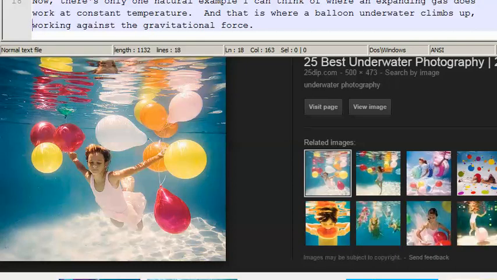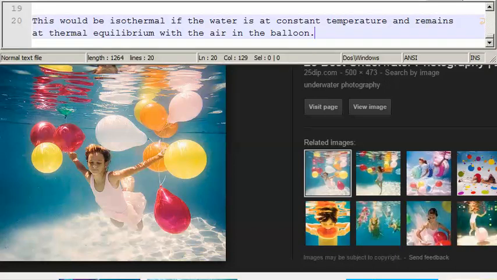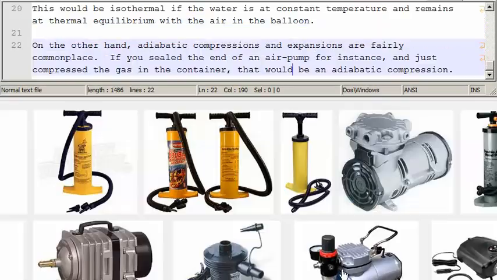There's really only one natural example that I can think of where an expanding gas does work at constant temperature, and that is where a balloon underwater climbs up, working against the gravitational force. This would be isothermal if the water is at constant temperature and remains at thermal equilibrium with the air in the balloon. On the other hand, adiabatic compressions and expansions are fairly commonplace.